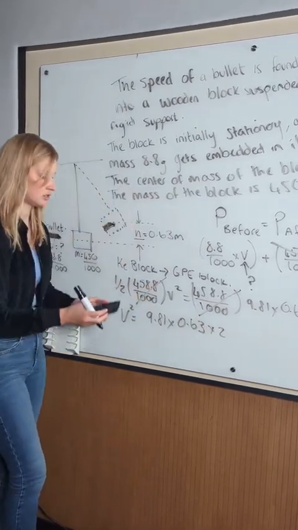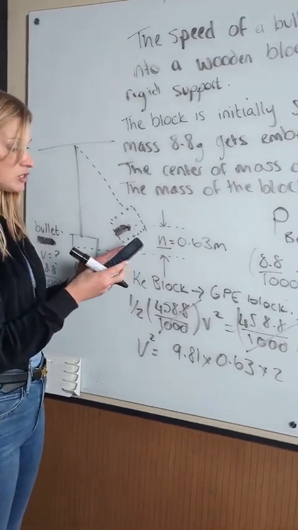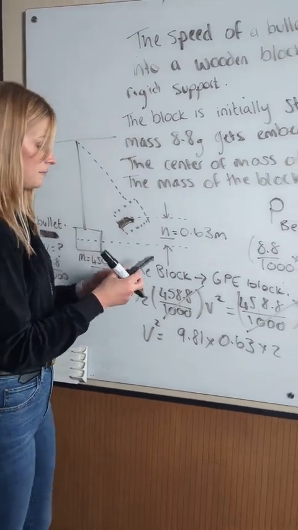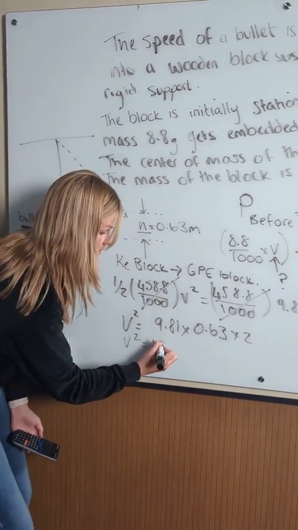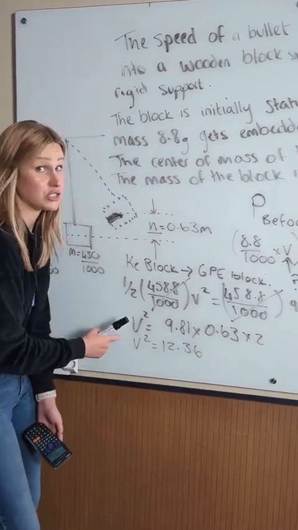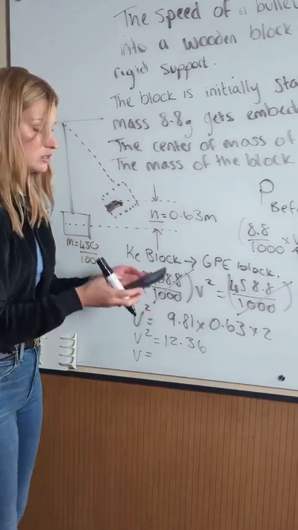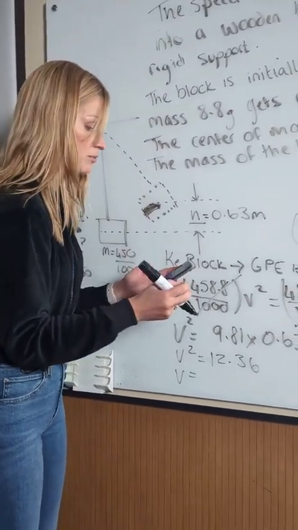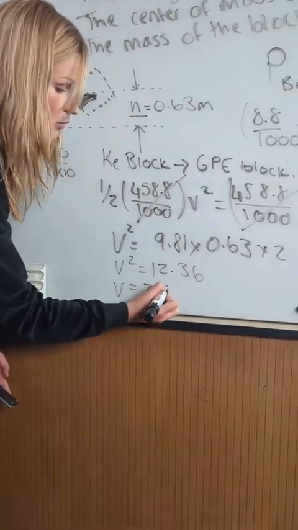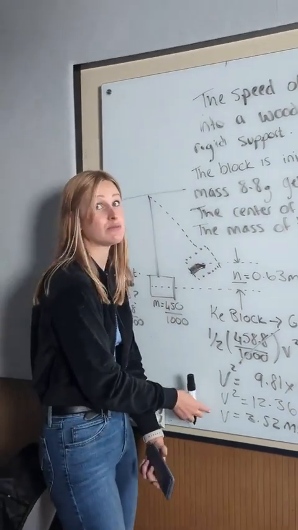When you put it in your calculator, 9.81 times 0.63 times 2 gives me a v squared of 12.36. But I remember that's v squared, so to find v I take the square root of the answer, to get a final answer of 3.52 meters per second. So that's the speed of my block.